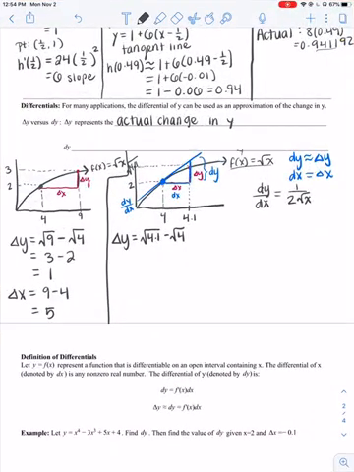So we're going to get this, and this is what is known as the differential of y. So this is what we're working with today.